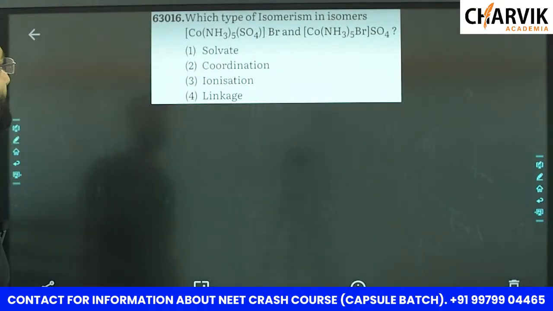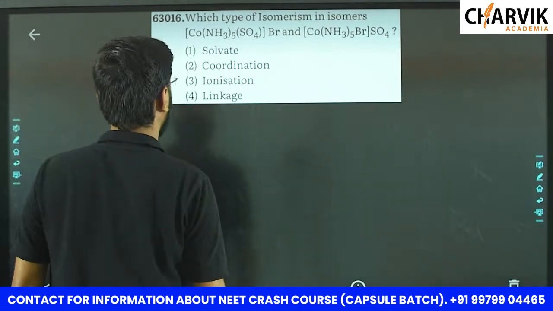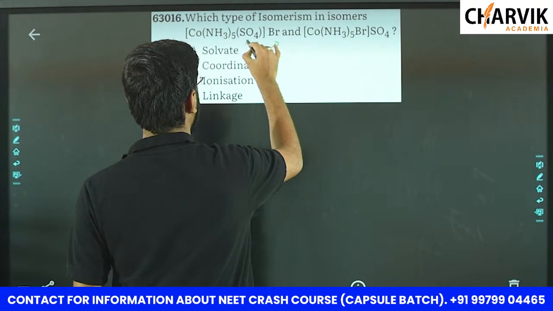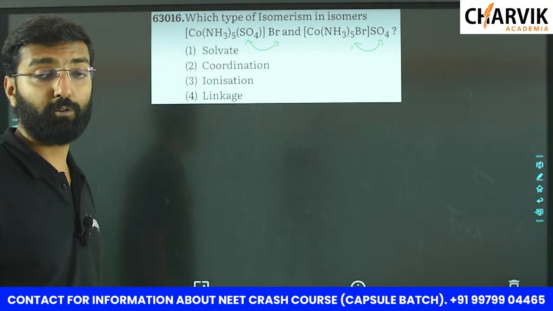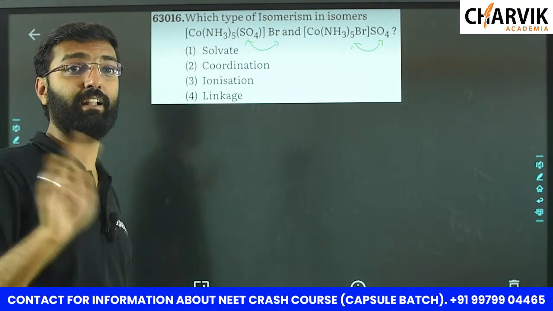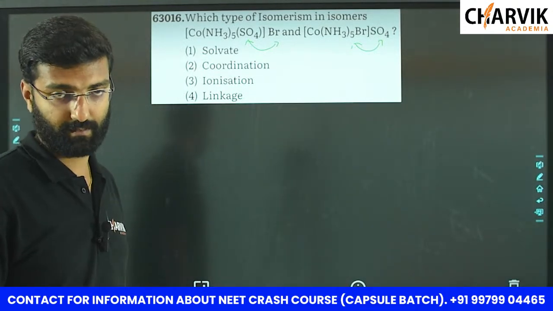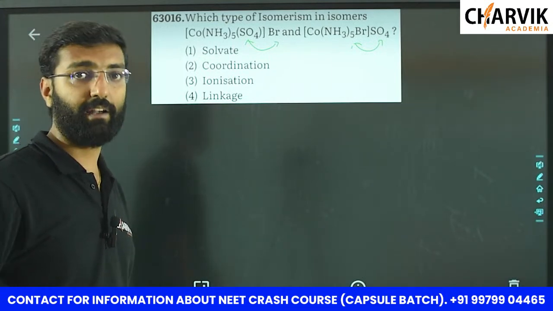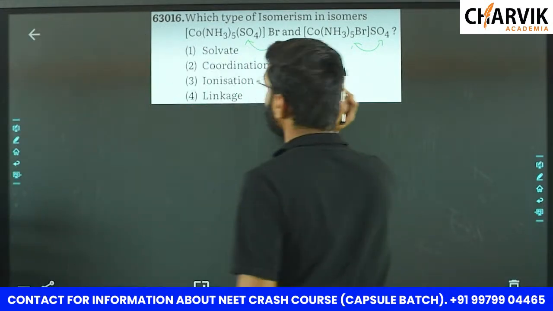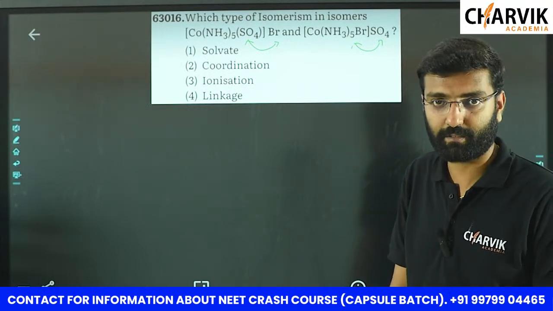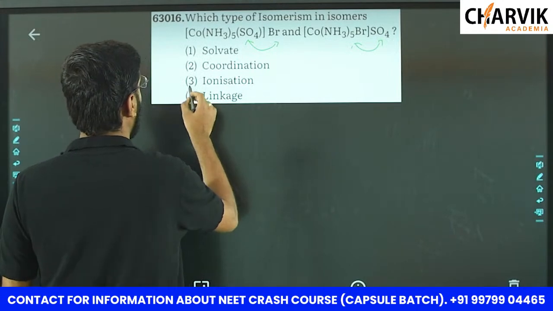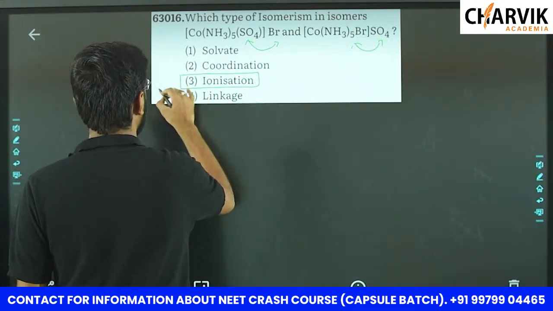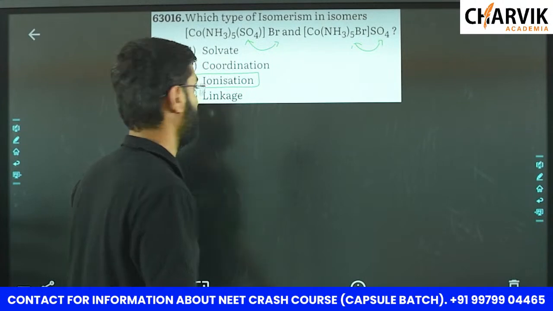Which type of isomerism is in this isomer? Okay, simple. SO4 and Br can be interchanged with each other, right? Because both behave as ligand as well as ions. So these two are ionization isomers, right?